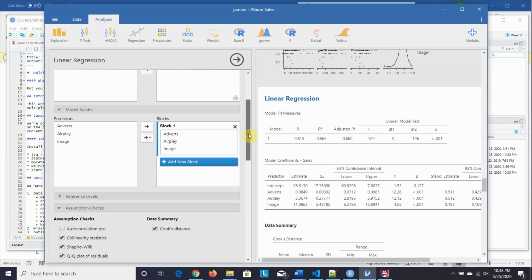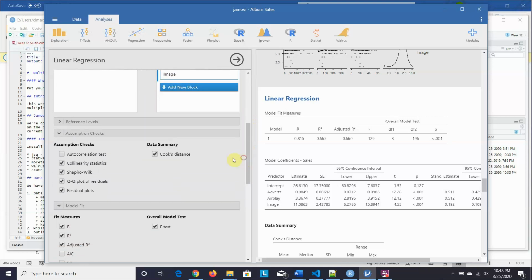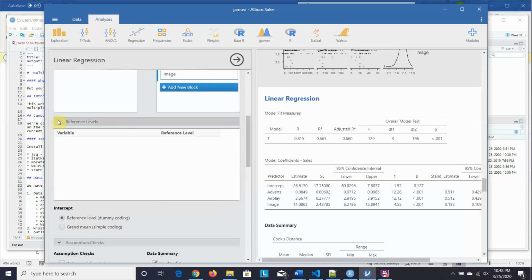Reference levels is for if you have a categorical variable or more than one. I have given you some optional videos you can watch on dummy coding with regression. This was one of the things that I thought was the coolest thing about regression, that your predictor variable can be any level of measurement.